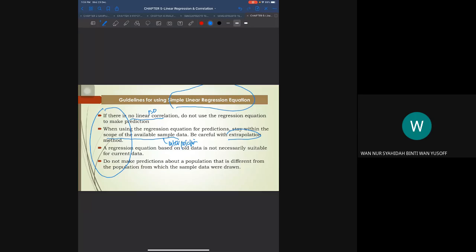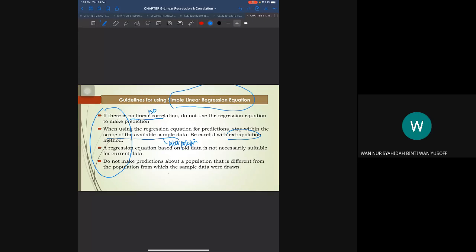The regression equation based on old data is not necessarily suitable for current data. So if you want to predict the current situation, we cannot use the equation from, for example, 10 years ago. The result might be invalid. Do not make predictions about a population that is different from the population from which the sample data were drawn.